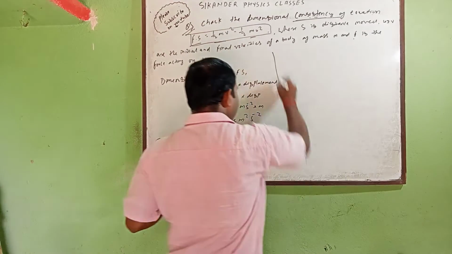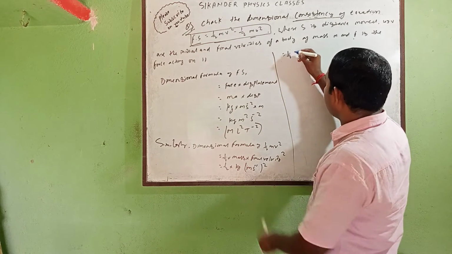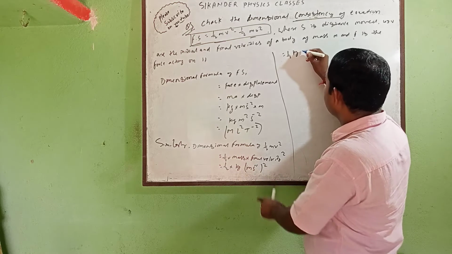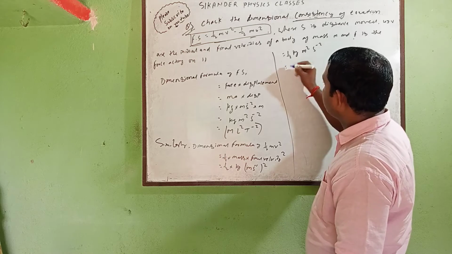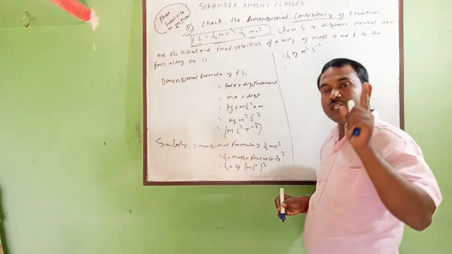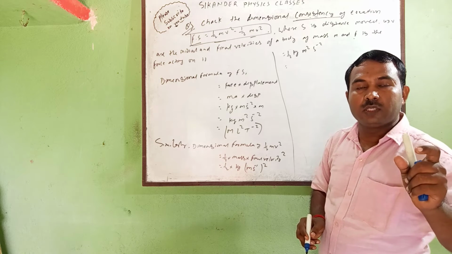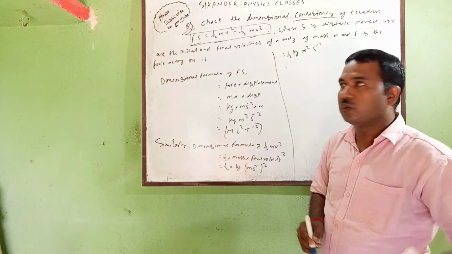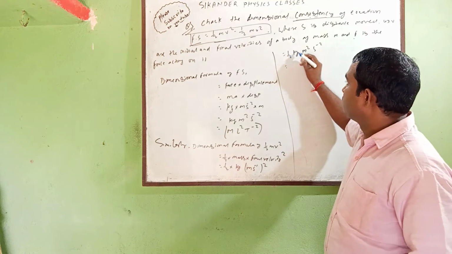Breaking it up: half, kg, meter square and s minus 2. Any numeral, trigonometrical function or exponential has no dimension, so half will not count.